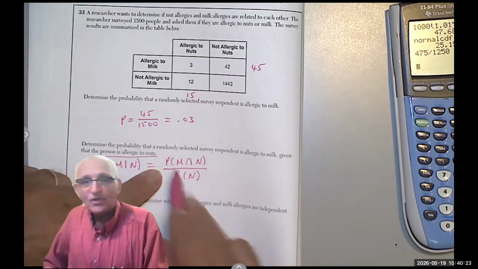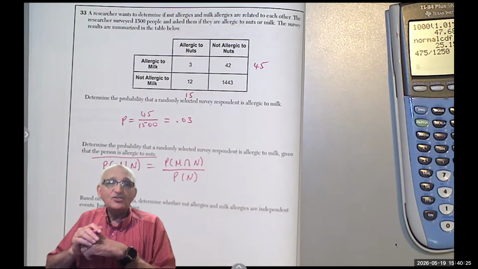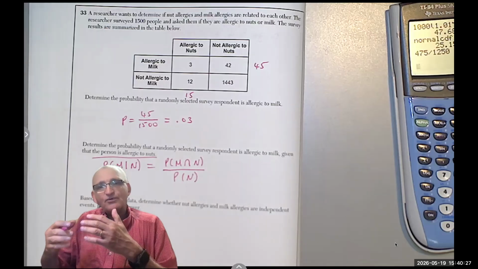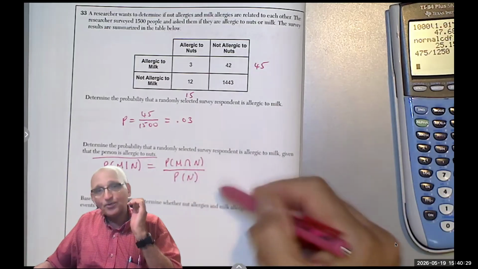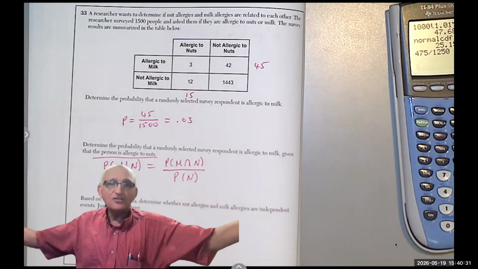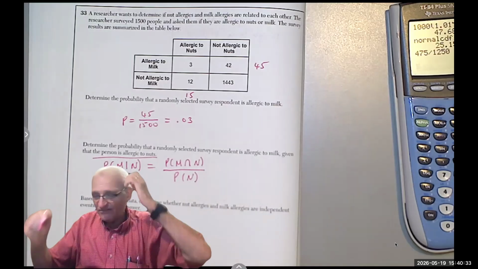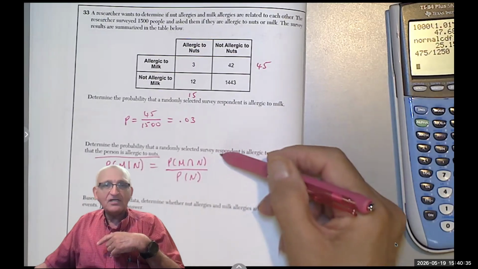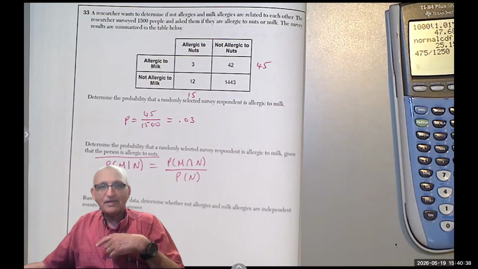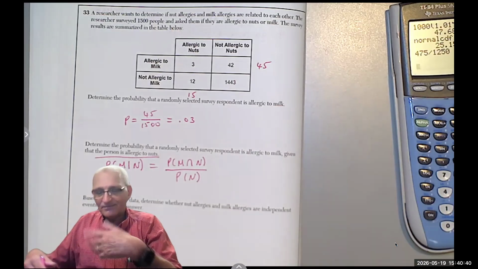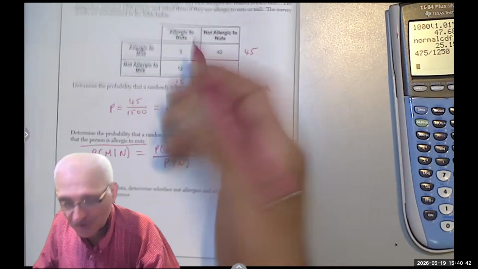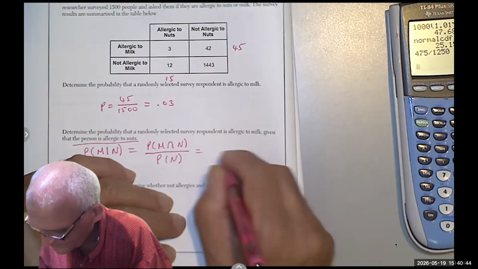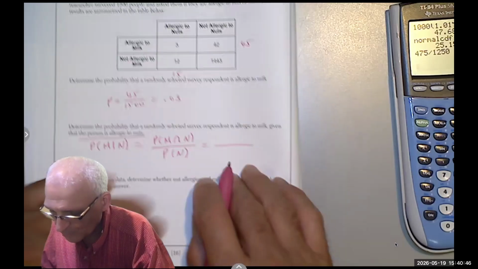Here we are talking about probabilities, but we can use numbers. If you want to find the number, then when you get the probabilities, you multiply them by the total number of 1500. So in fact, you will be dividing by 1500 top and bottom, and then multiplying by 1500. That cancels the denominator. But let's do it the long way.